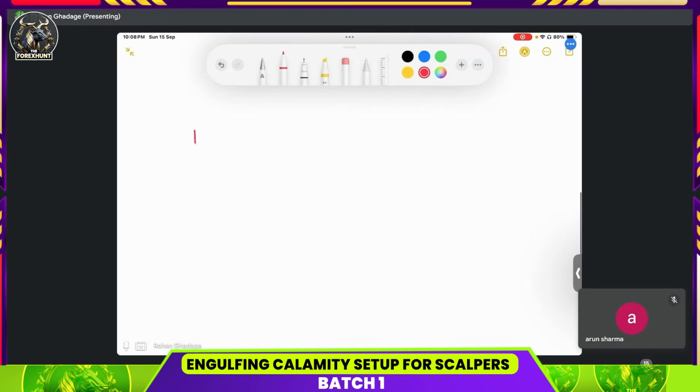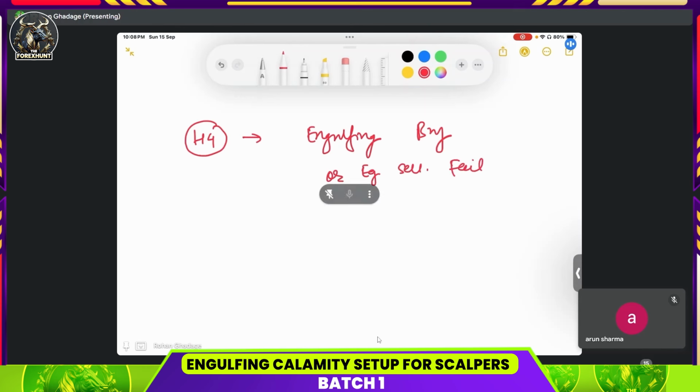H4 setup. First of all, you need an H4 engulfing. We have two types of things: engulfing buy or engulfing sell fail. These two things mean the same.